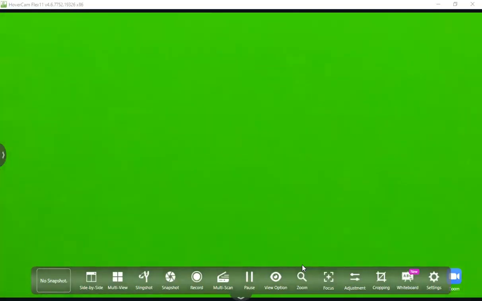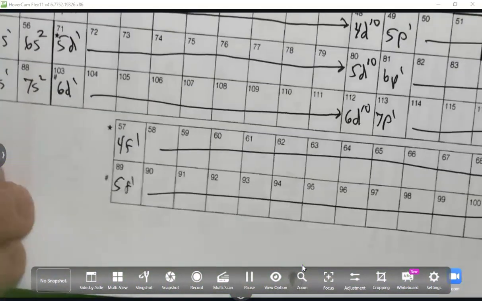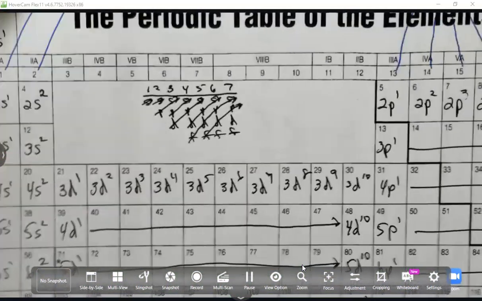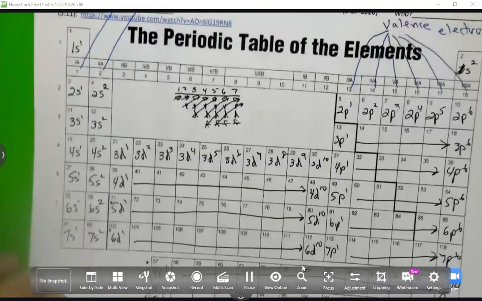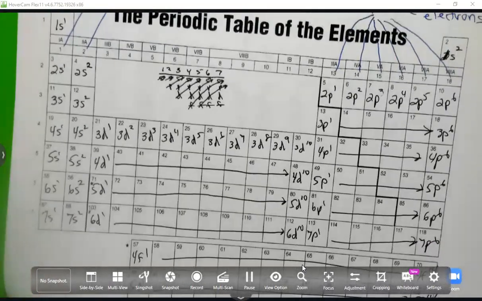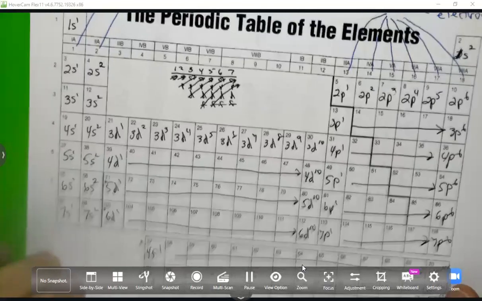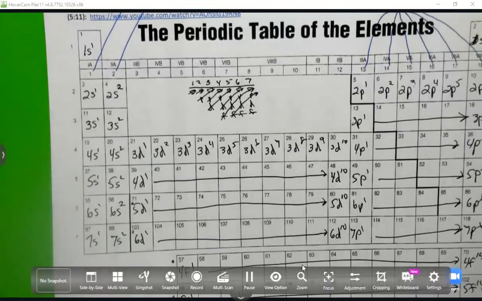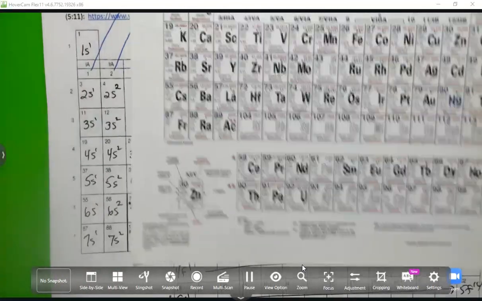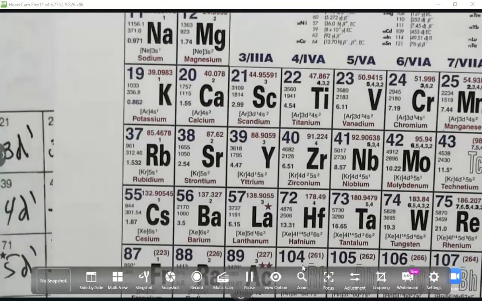What I'd like to do is go back to this table that we are here. And I want to show you where ours breaks down. I'm going to have to zoom in on this.